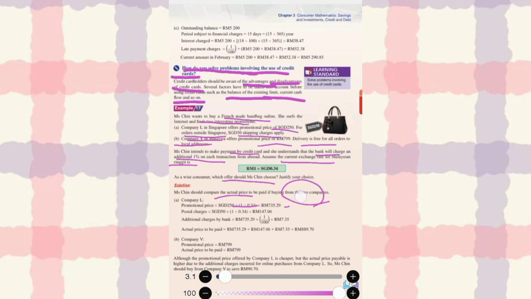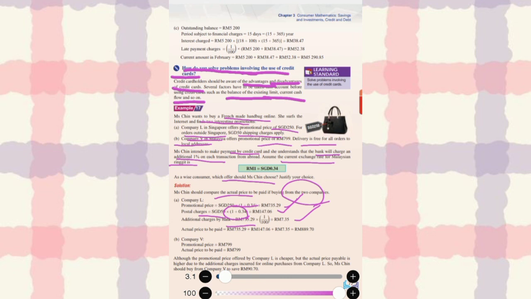This is to search for the promotional price in Ringgit Malaysia from Company L. Postal charges is equal to $50 times 1 divided by 34 cents is equal to 147 ringgit and 6 cents. This is postal charges in Ringgit Malaysia. Additional charges by bank: 735.29, the promotional price earlier, times 1% is equal to 7 ringgit and 35 cents.